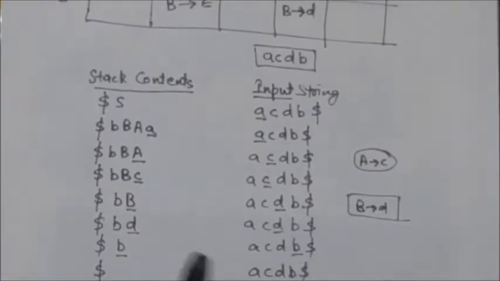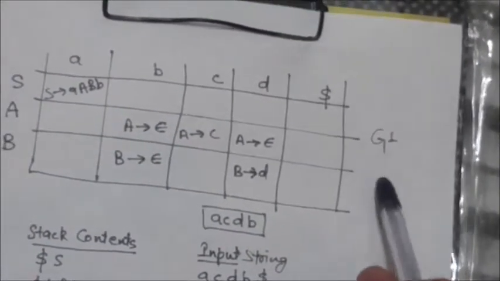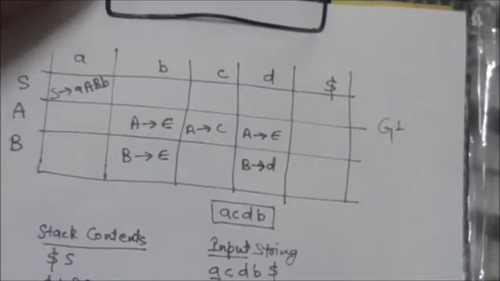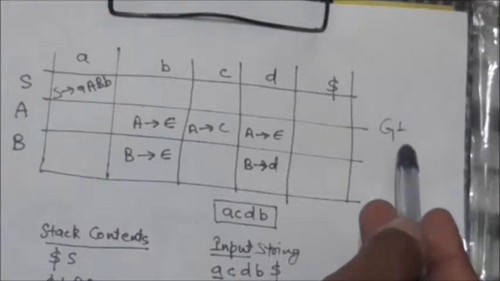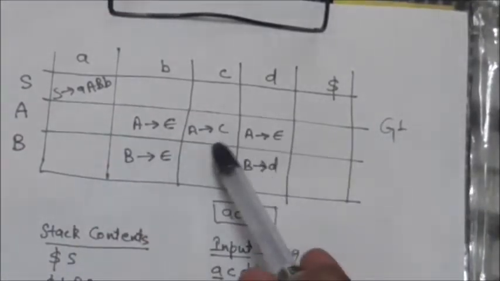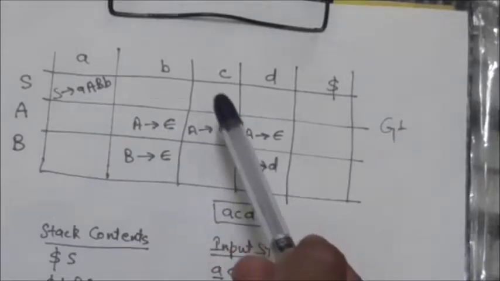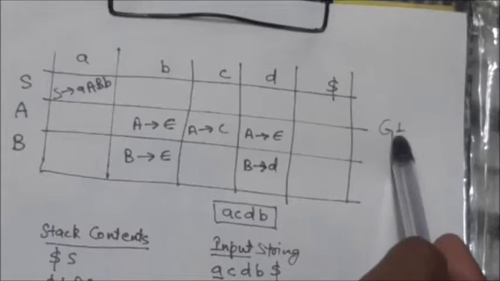Now see here, another grammar G1. Suppose this is the parsing table for the predictive top-down parser which we have constructed using this grammar G1.